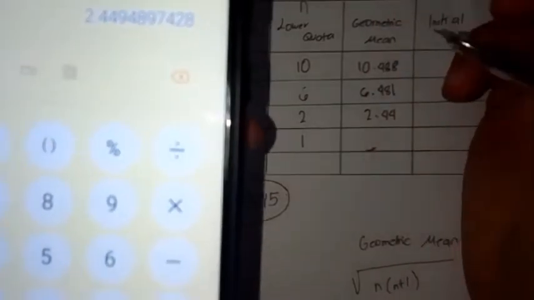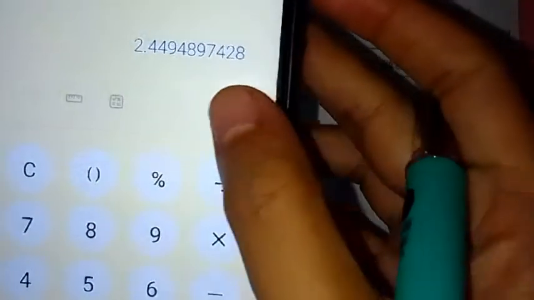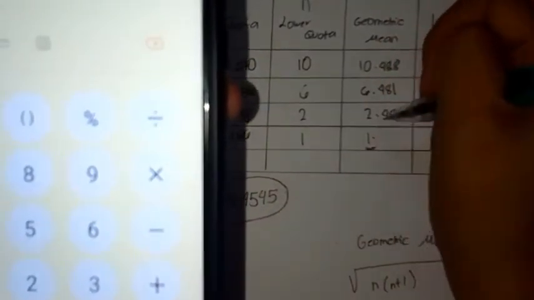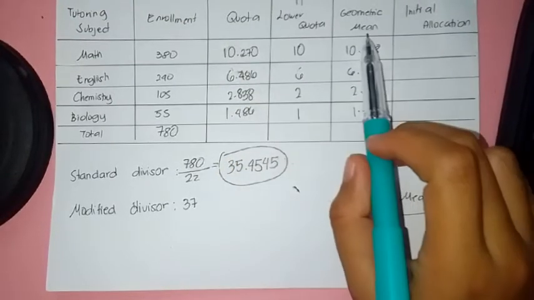Next, 2 times 3 equals 2.449. Next, 1 times 2 is 1.441.